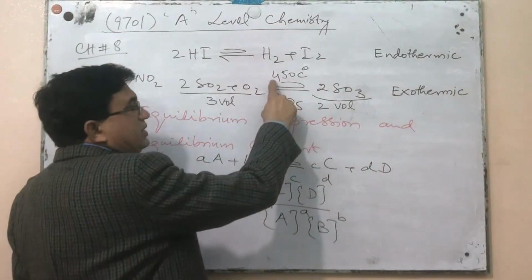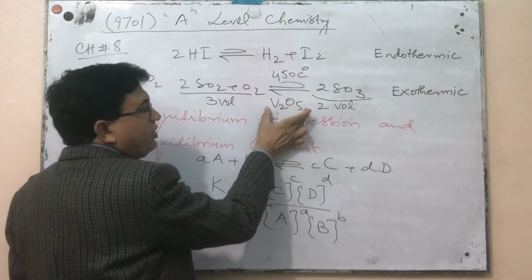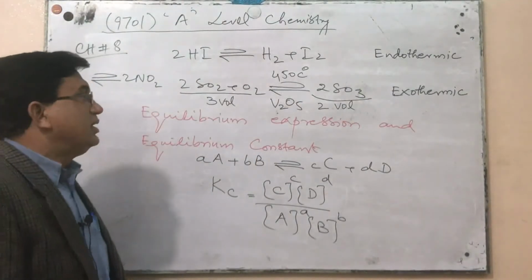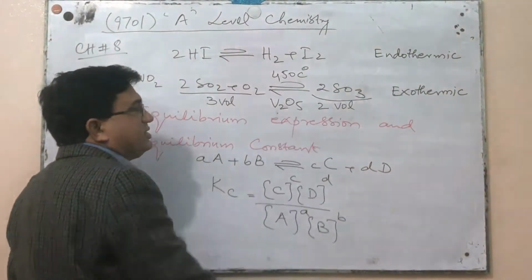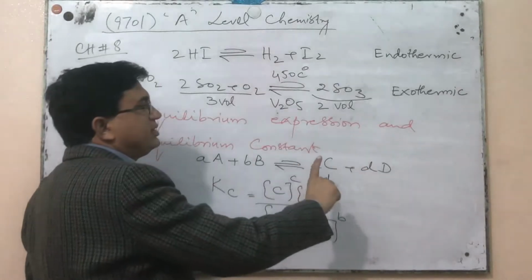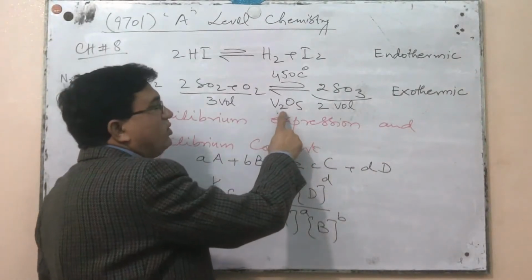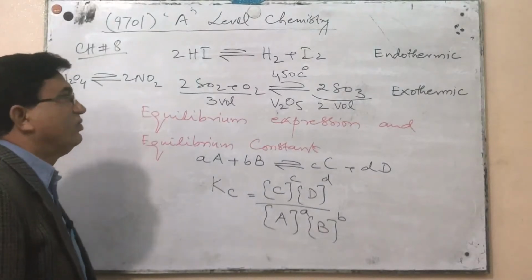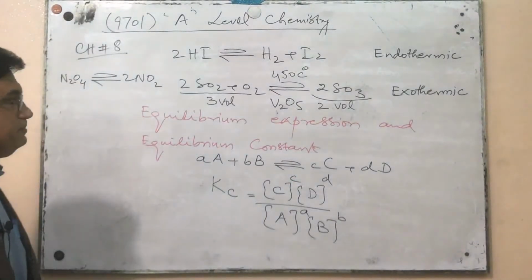This temperature is maintained just to increase the activity of this catalyst, because this catalyst at lower temperature deactivates and doesn't play a role as a catalyst in this reaction. That's why, although we know that the process is exothermic, we compromise in the industry to speed up the chemical reaction. Just to increase the activity of the catalyst, we increase the temperature to the optimum condition, that is 450 degrees centigrade. Now, this is the effect of temperature.